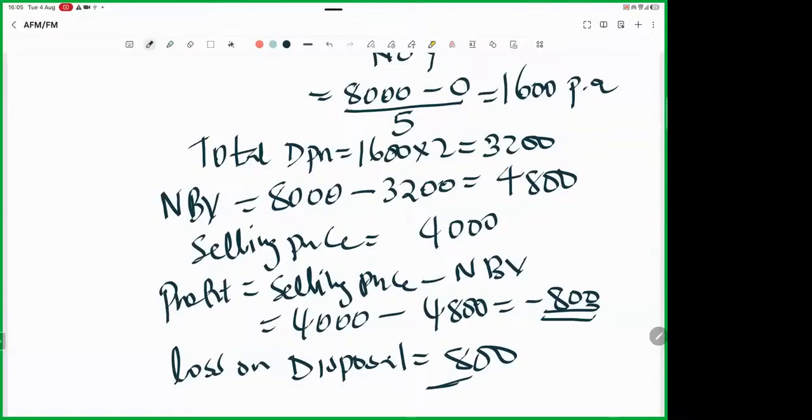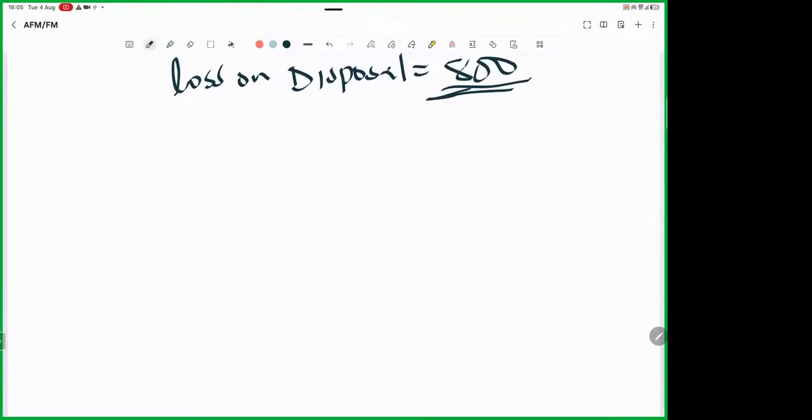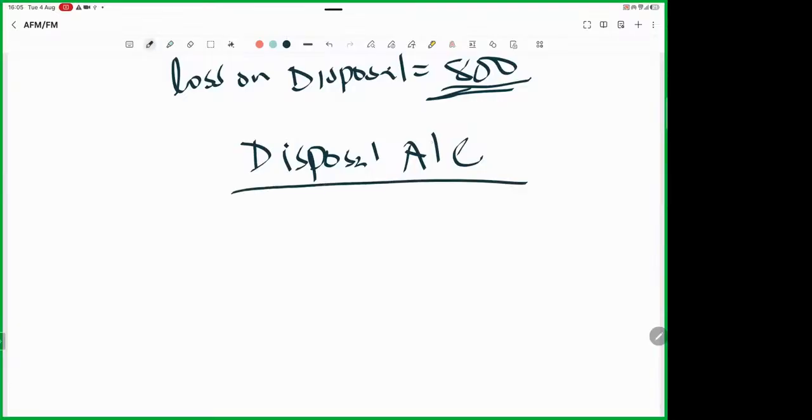I've also seen some students who are crazy nice. They are going the longer way, but at the end of the day, they are able to get the same answers. They'll come and draw a disposals account. So when I dispose this very same machine, I will go to the machine's account, credit the machine's account with the NBV. Then you debit disposals account, so you bring NBV here, 4,800.